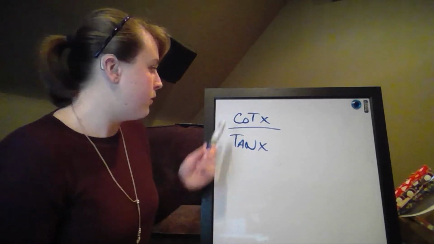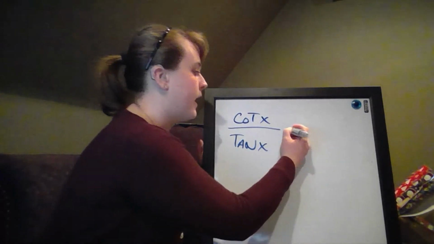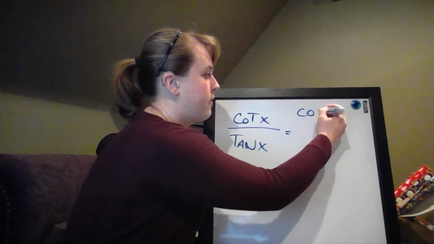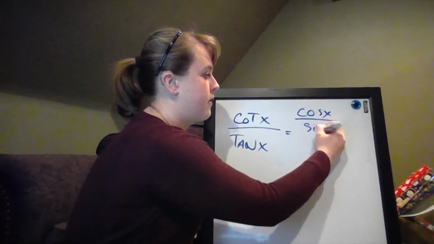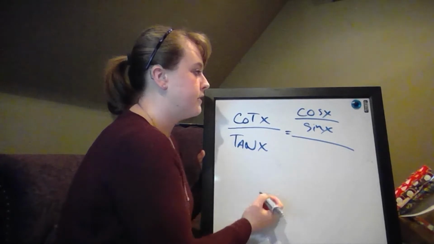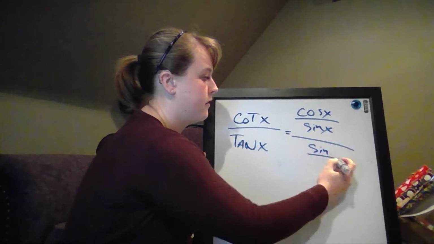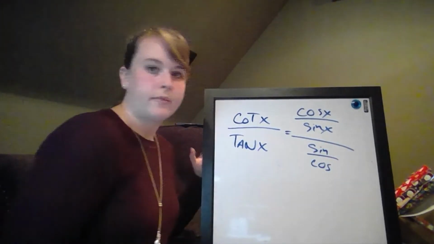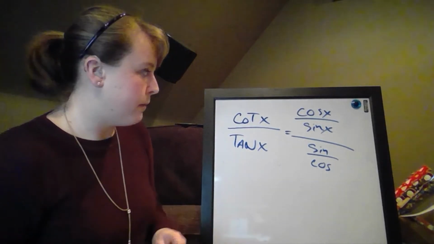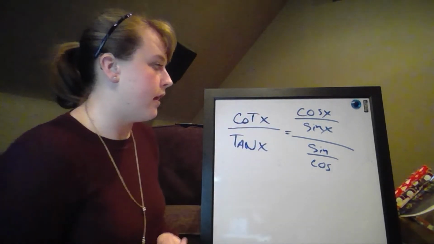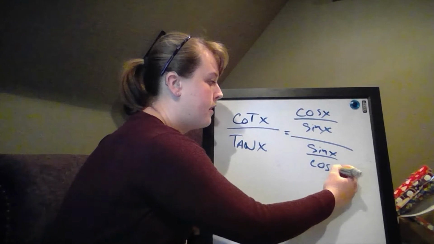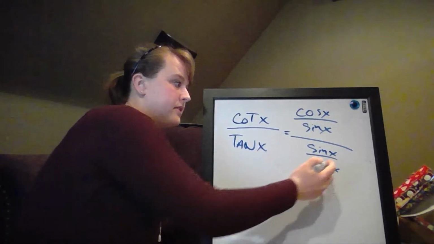So if we remember, cotangent is cosine over sine, and tangent is sine over cosine. Now, since we're dividing fractions here, I want to multiply by the reciprocal of this one.